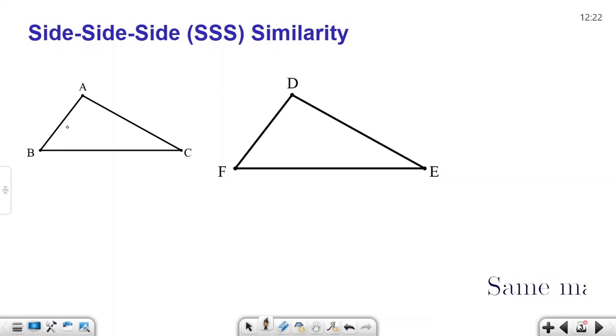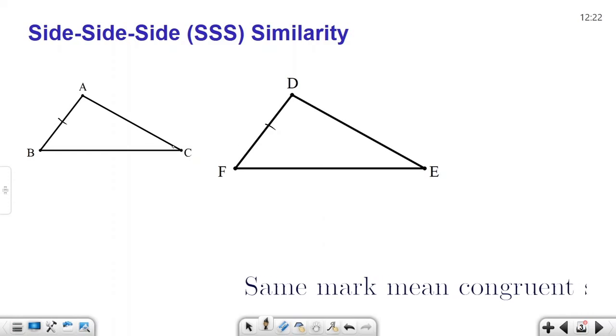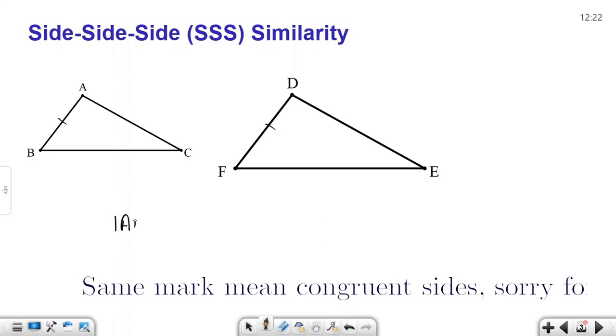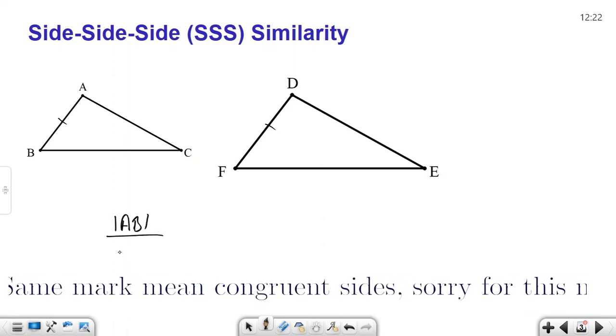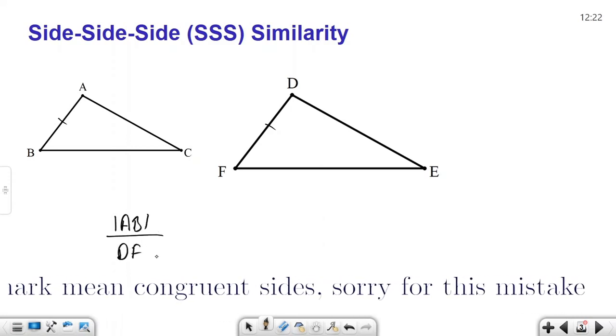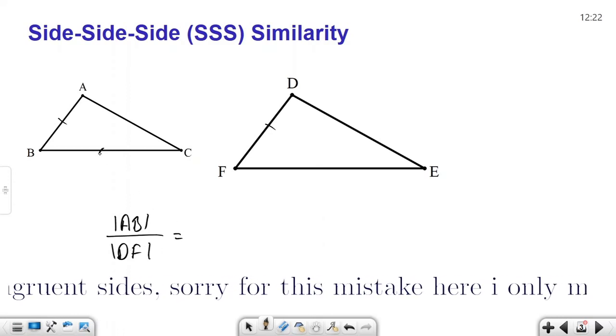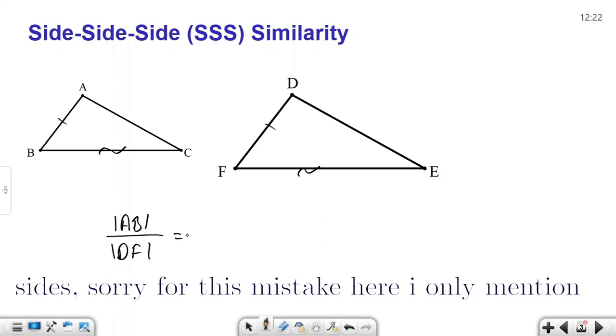Let's say AB and DF, they look similar to me. So if the length of AB over the length of DF is equal, we are going to write a proportion with BC and FE.